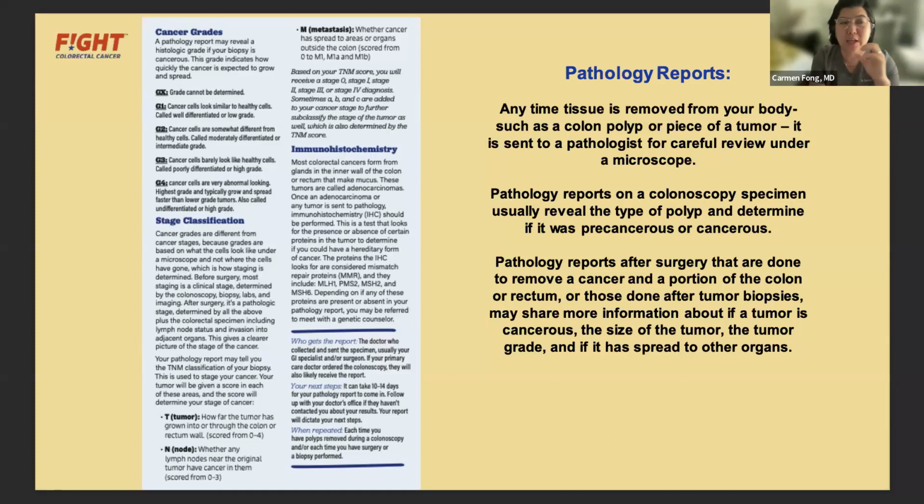Later staging is more accurate, up to 93, 95%, where we see on the CAT scan that lymph nodes are positive or it's invaded into adjacent organs. So we already know the stage is going to be 3 or 4. It's a little less accurate, tending to be around the 40, 50% range, for early staging, because small lymph nodes that are affected might not be seen on a CAT scan.